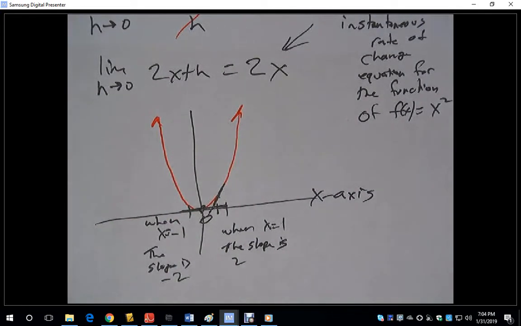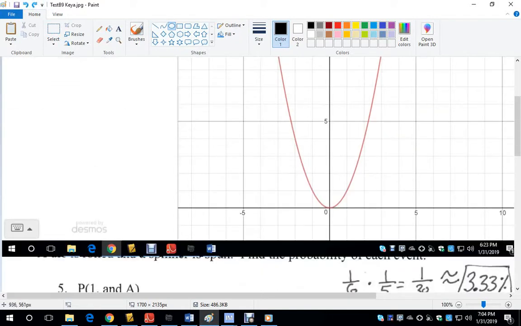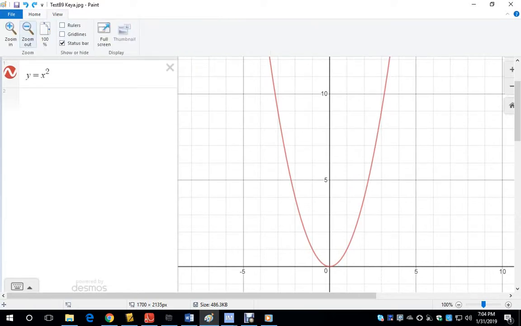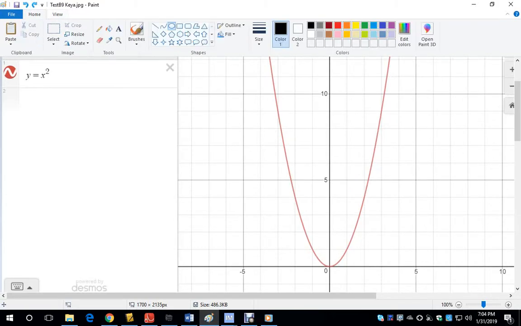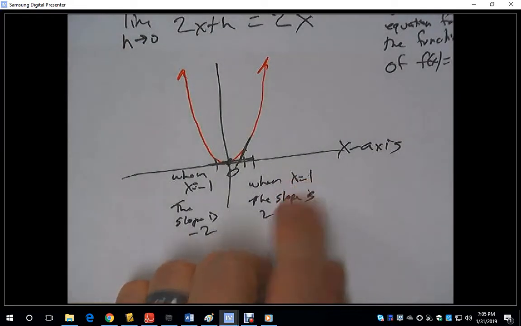I'm going to see if it makes some logical sense. I just figured out that when x is 1, the slope is 2.